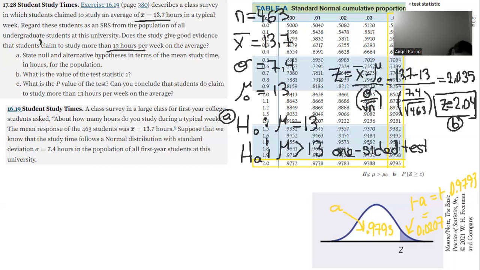Okay. And now they didn't give us an alpha. So you're like, how do I decide if this is big or small if I don't have an alpha? When they don't give you an alpha, your default is 5%. Like we started off talking about outliers and rare things and being unusual and what it means to be unusual. Generally the 5% is the cutoff. We even use that in terms of the 95% confidence interval being the general interval.